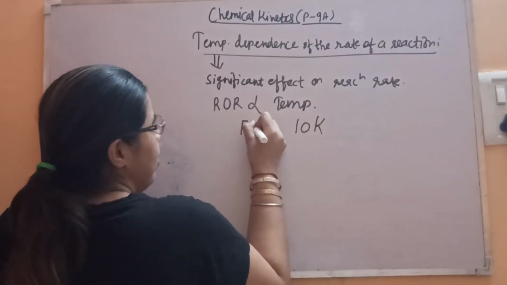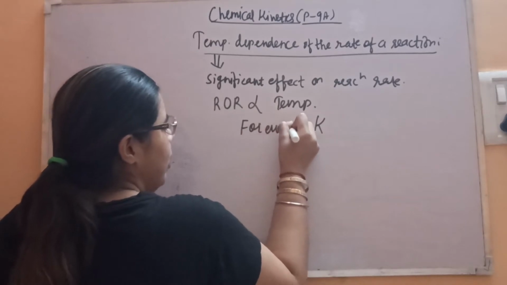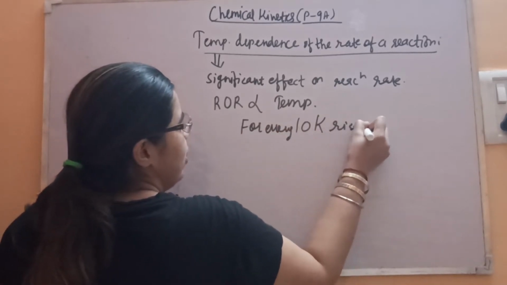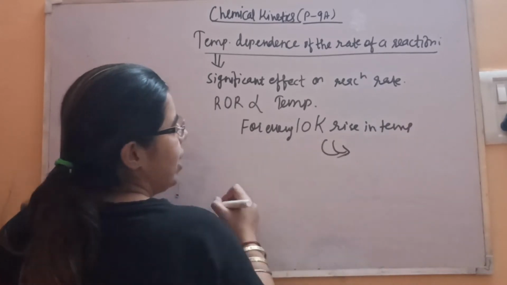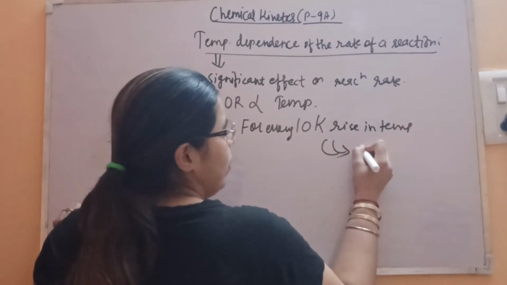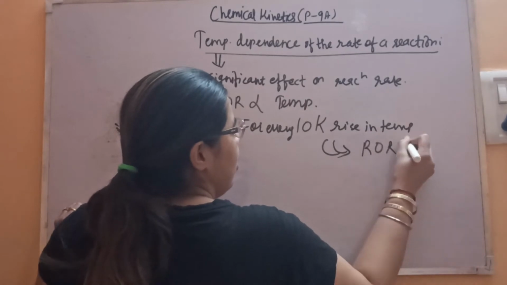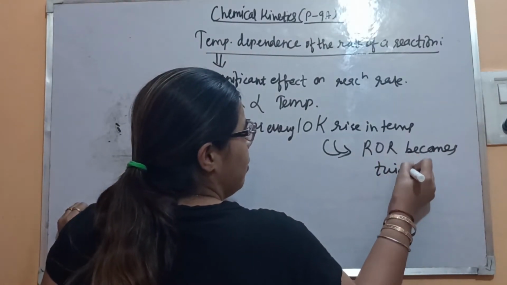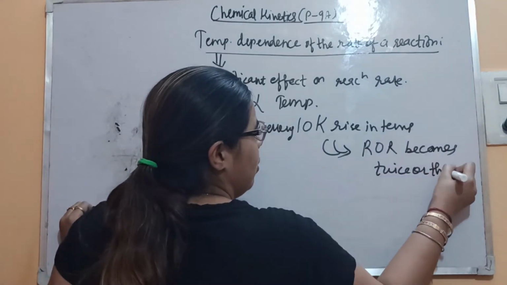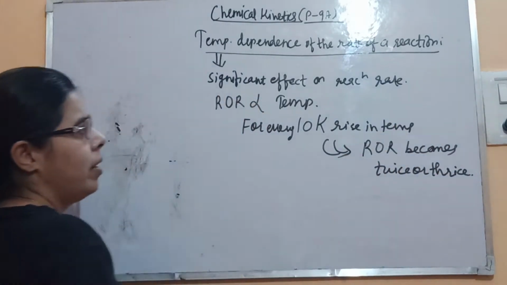For every 10 Kelvin rise in temperature, rate of reaction increases by, or you can say rate of reaction becomes twice or thrice. Fine.